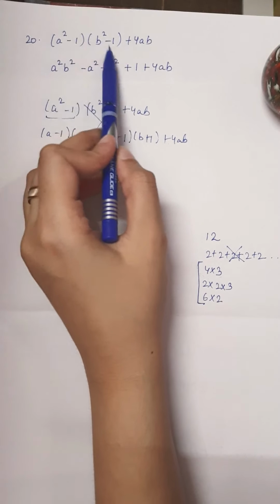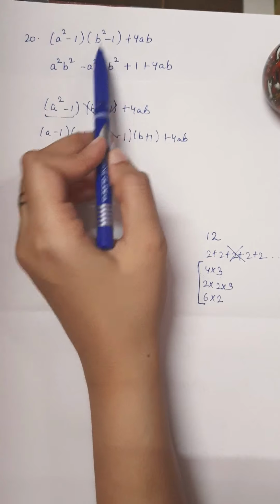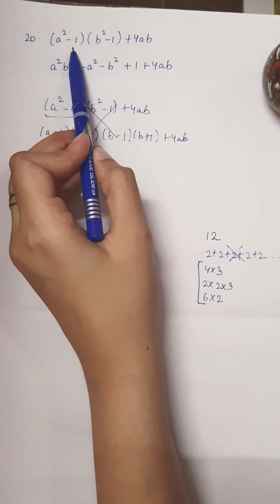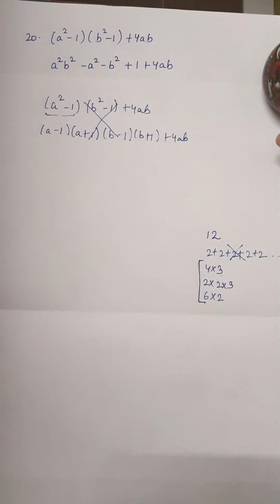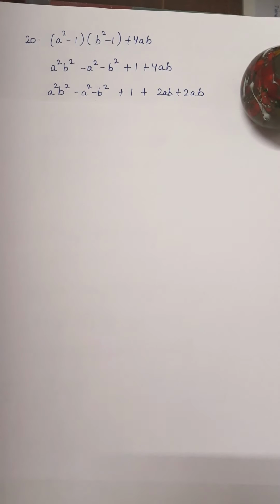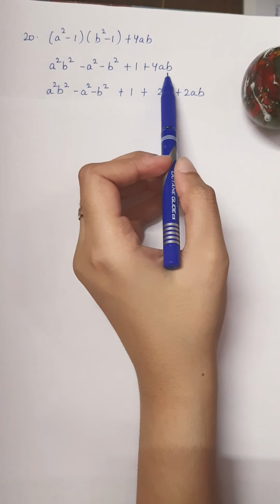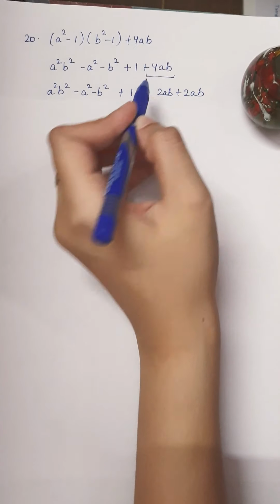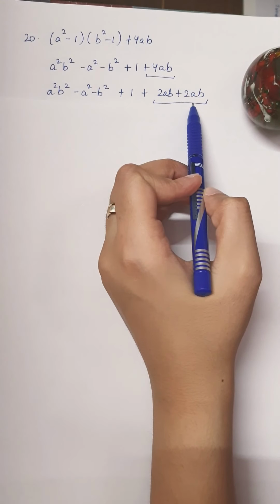Usual binomial multiplication: first term with first term, first with second, second with first, and second with second, and 4ab as it is. Now the next step is I have broken down this 4ab as 2ab and 2ab.